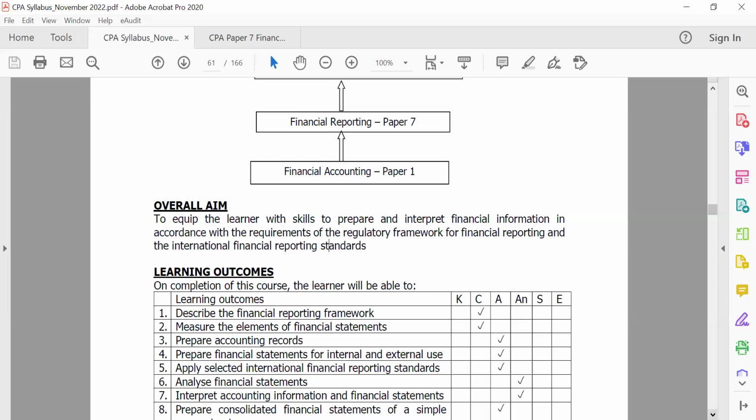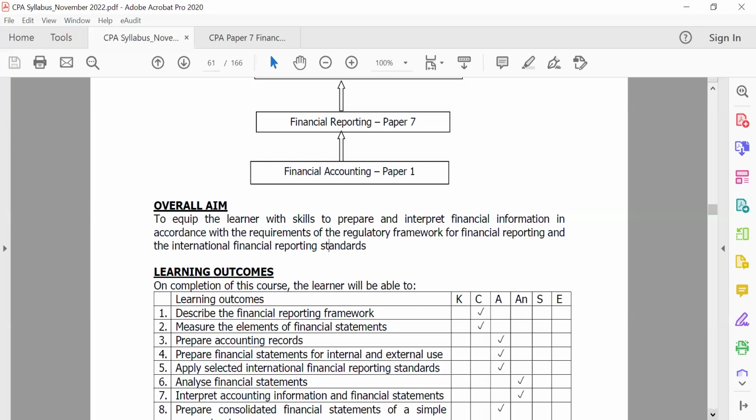And then this will also give us an introduction in regards to the international accounting standards and international financial reporting standards and how those affect how we report various elements of a financial statement. And the next part definitely will be measuring the elements of financial statements.